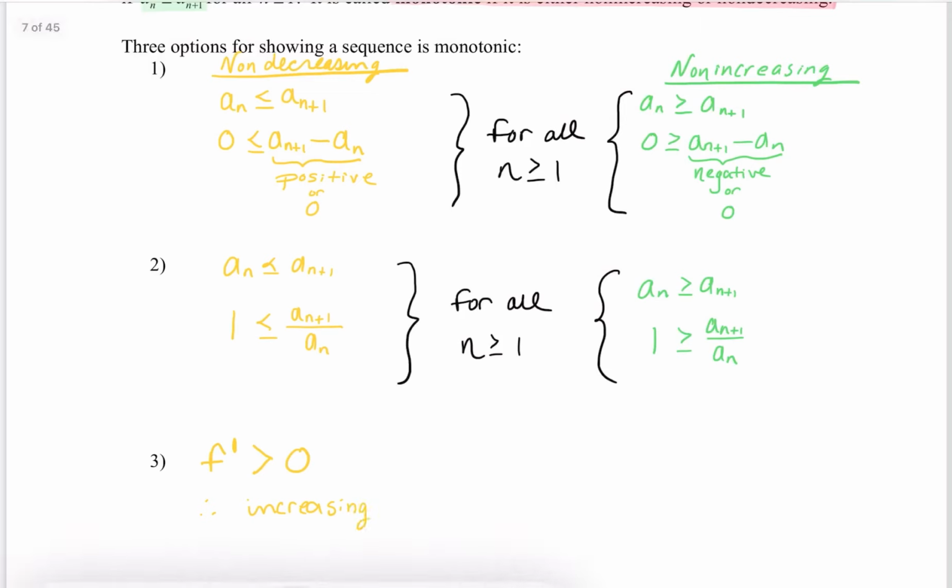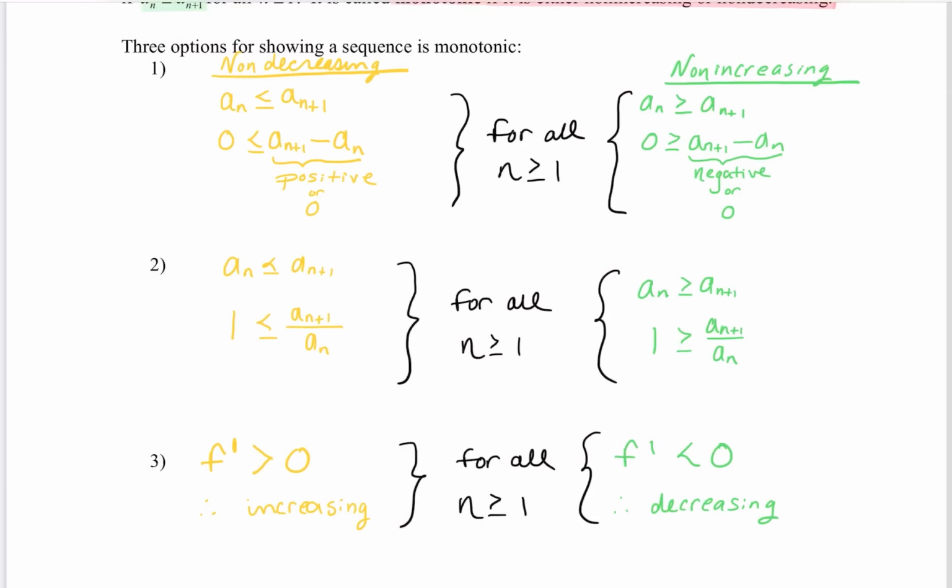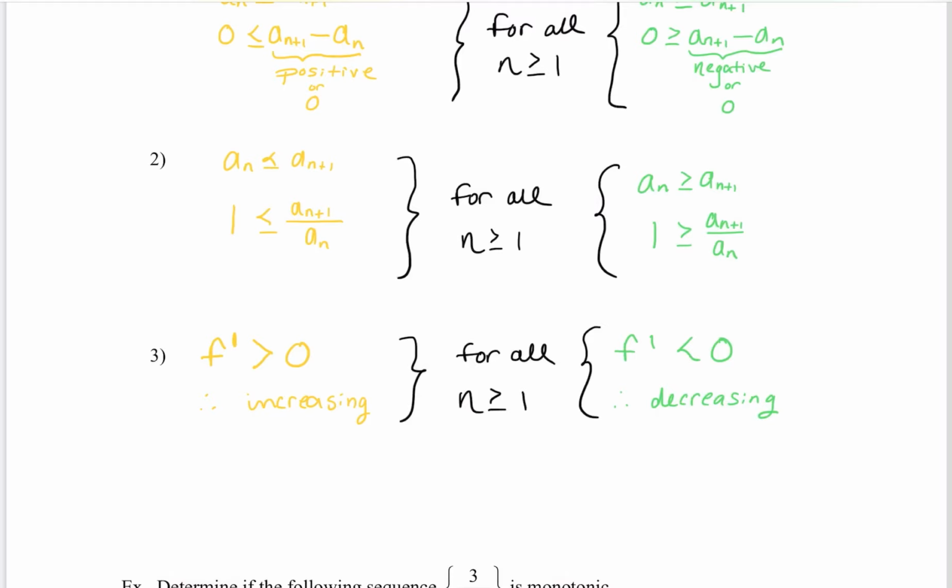And over here on the right, if you were to find the derivative and you were able to show that it was less than 0, then the derivative is negative, then you are decreasing, and decreasing definitely satisfies being non-increasing. So again, if you are able to show that these things are true for all n greater than or equal to 1, these are 3 different ways that you could show that a sequence is monotonic.